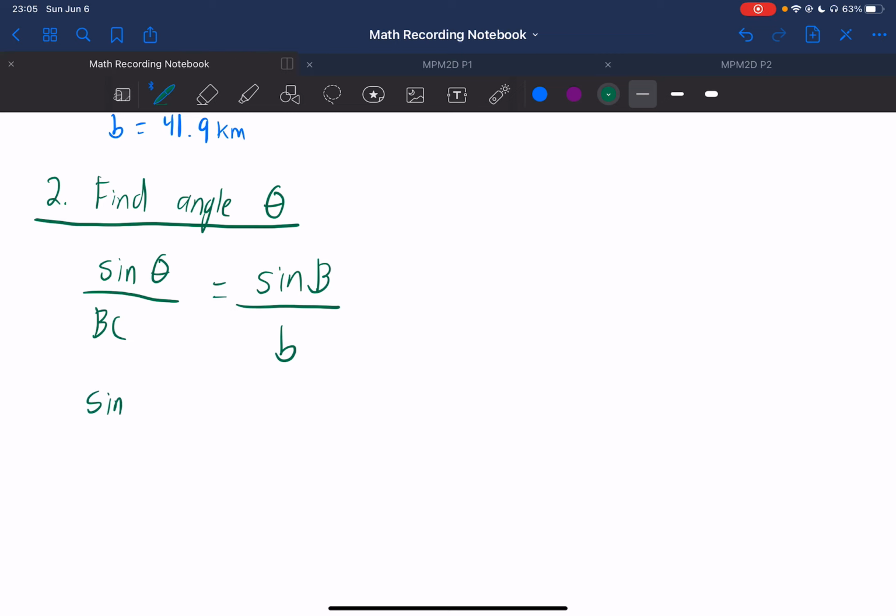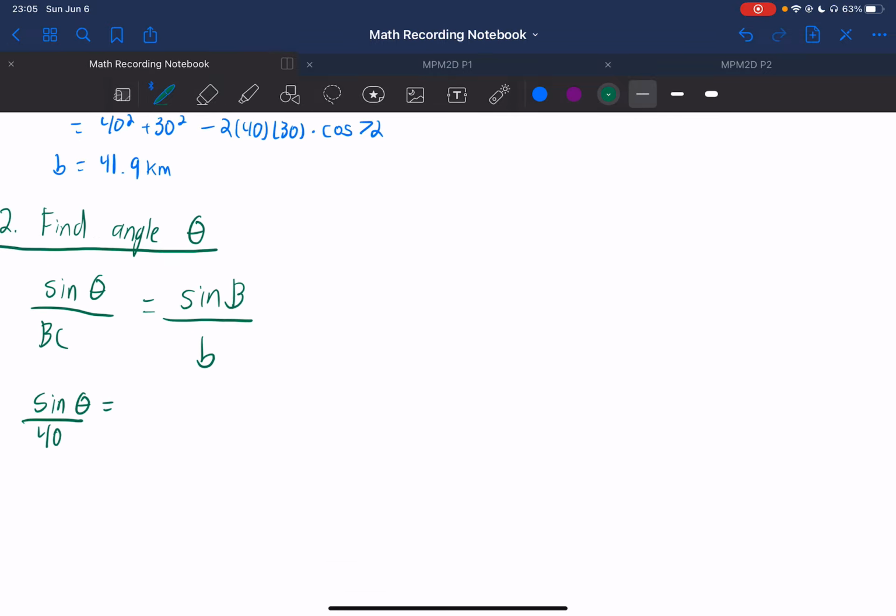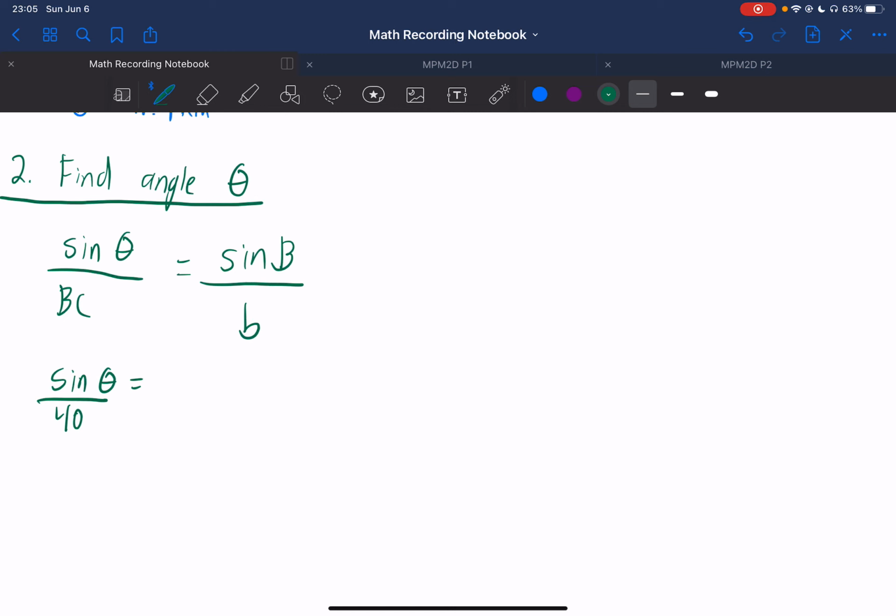We get sine theta over 40 kilometers, that's that side length, equals sine 72 over 41.9.